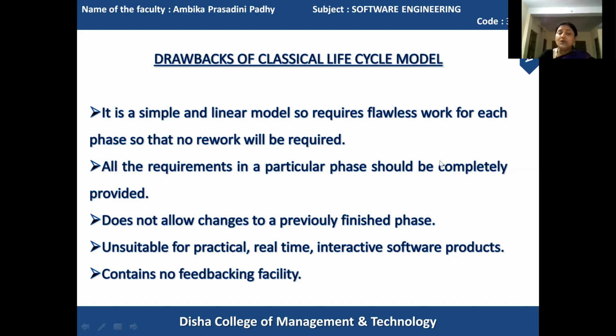We can use it for documentation purposes at different places, for documenting different products, processes and stages of software activities. We can use the concept of this lifecycle model.